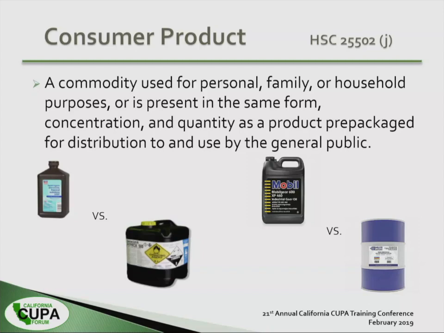It needs to be used by the general public. I have a few examples here. Hydrogen peroxide, 3% that I could buy at my local Target, versus hydrogen peroxide, 64%. And then my other example is 1 gallon mobile hydraulic oil versus my 55-gallon one. So you guys can see the difference, what's exempt, what's not. Yeah, I see a couple of nods, okay.